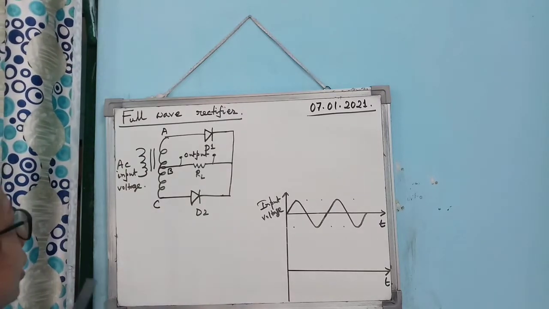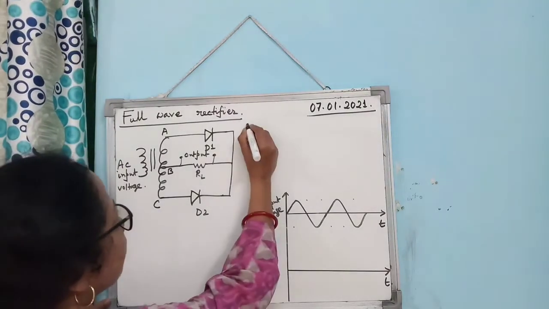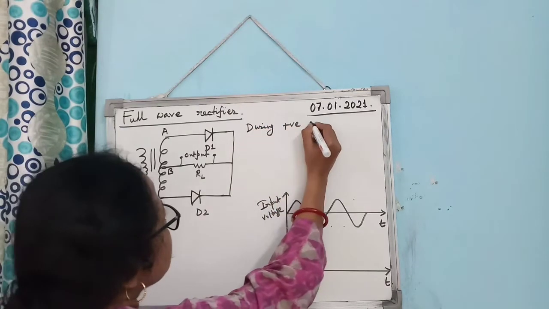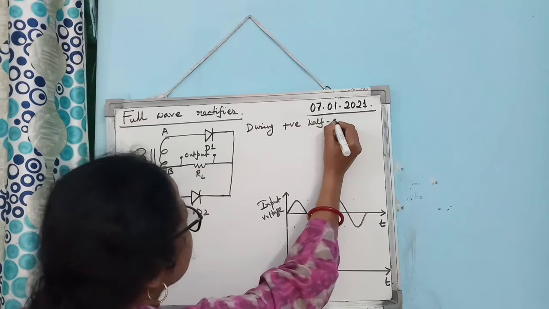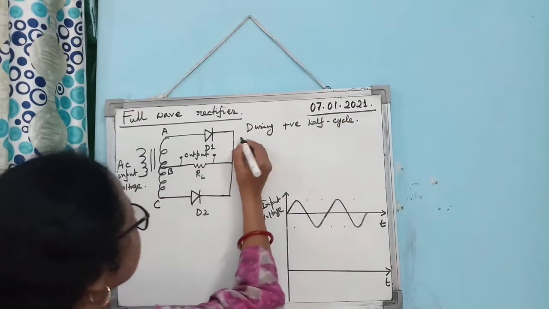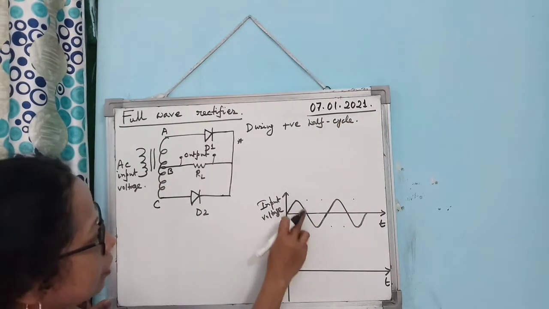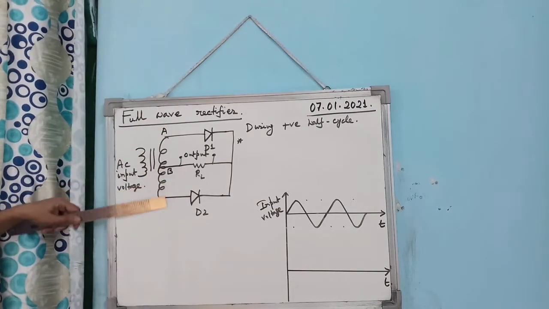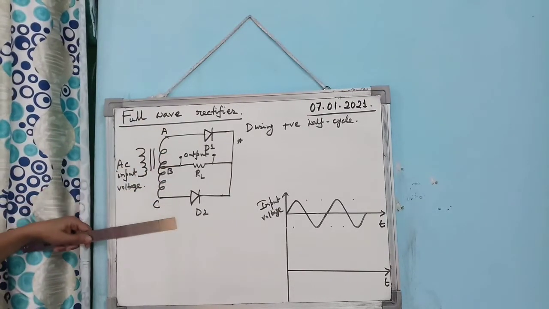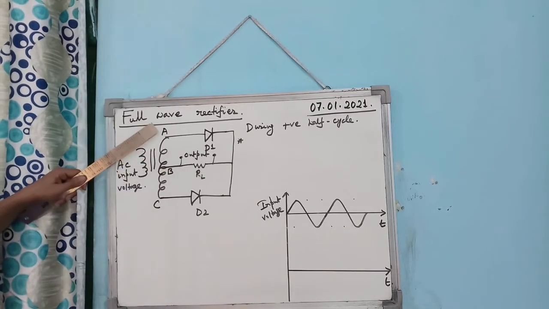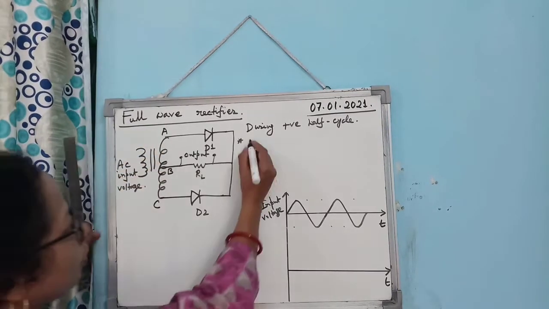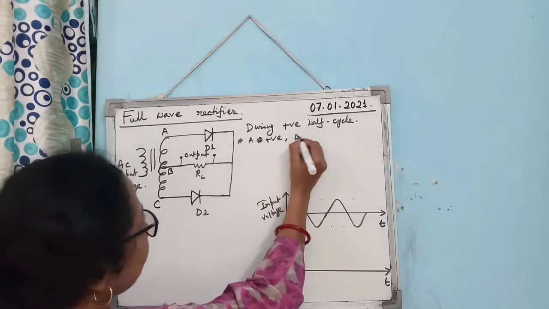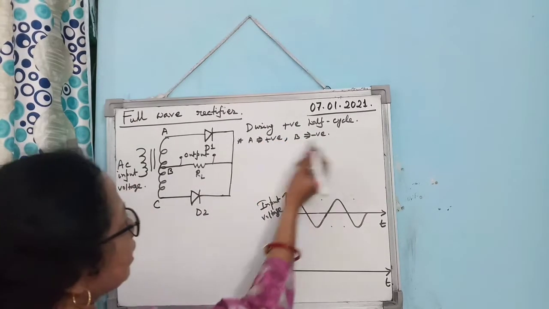Okay. Now you see what is happening during the positive half cycle. Positive half cycle means A is positive. As you go down, it becomes more negative, less positive. So if you consider A and B, what you can write? A positive, B negative. Is that clear?